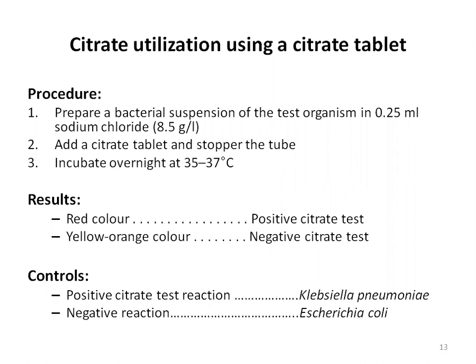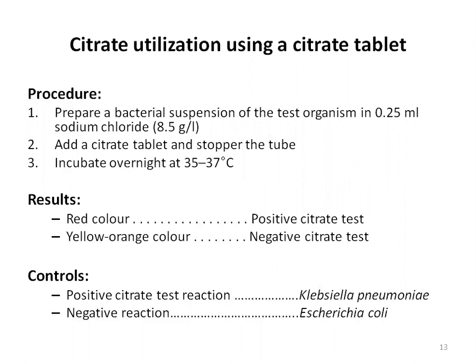Then add a citrate tablet and stop the tube with a stopper. After that, incubate it overnight at 35 to 37 degrees Celsius. The appearance of red color shows the positive citrate test, and the yellow-orange color gives the result as the negative citrate test.